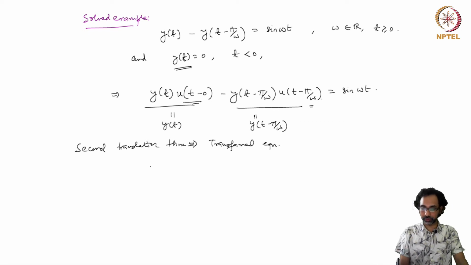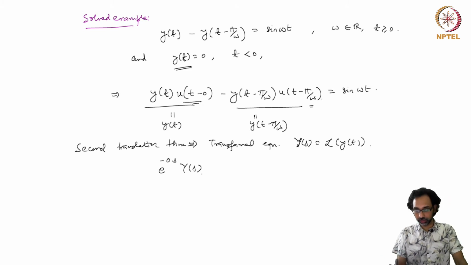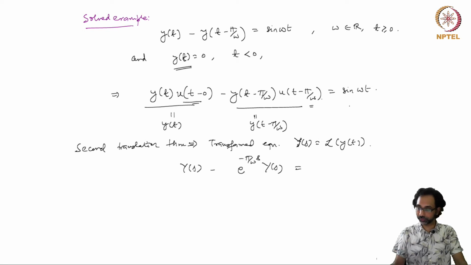which will give you, for the transformed equation, for the first term, e to the power minus 0s times Y(s). Here capital Y(s) is the Laplace transform of y(t). The second one is e to the power minus pi by omega s Y(s), and on the right hand side we will get omega by s squared plus omega squared.